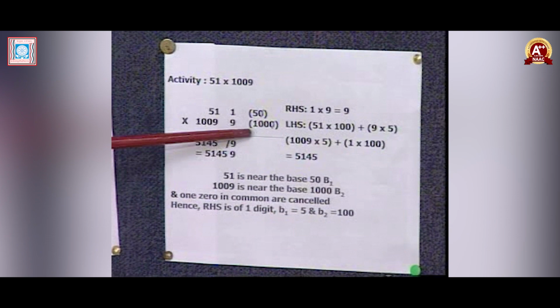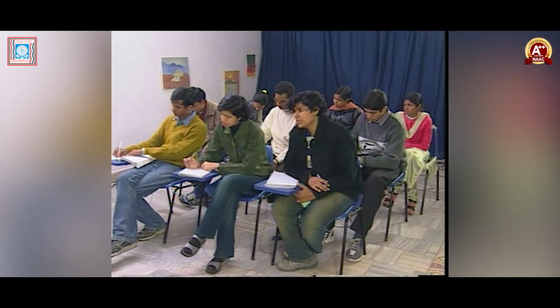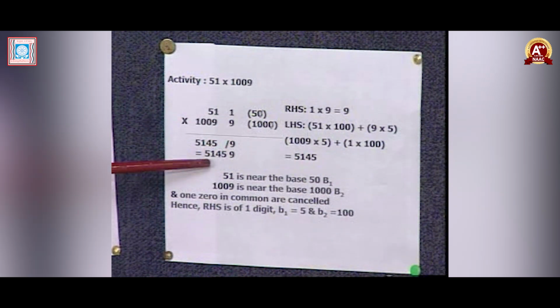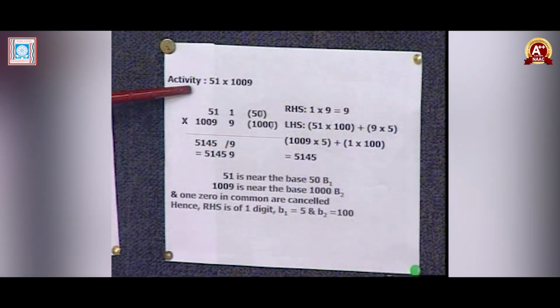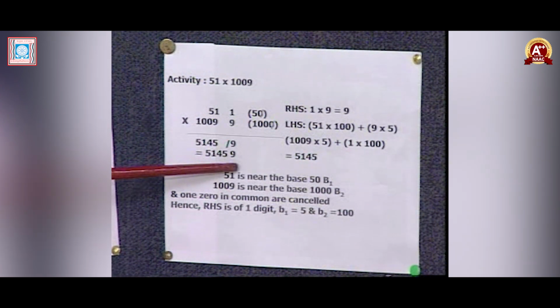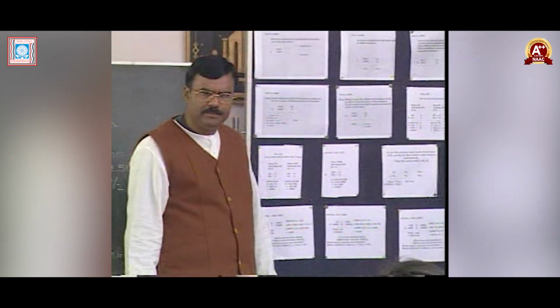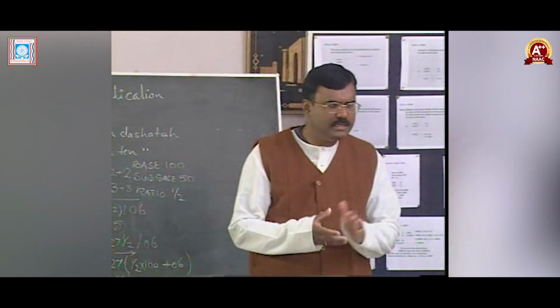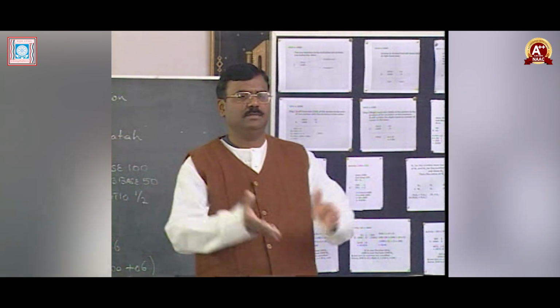How much will you get? 5100. 9 fives are 45. 5145 is the left part of your answer. That means 51 multiplied by 1009, you will get 51459. It is easy to multiply two numbers near the base, even away from different bases.